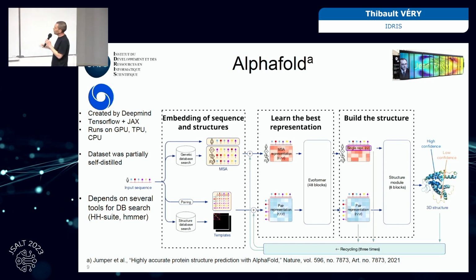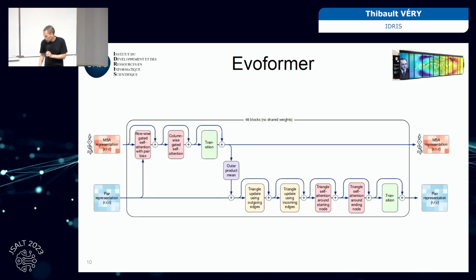And now the main contribution of AlphaFold, I would say, is the Evoformer block. I think that the ending 'former' tells you something about what is under the hood. The Evoformer block is a sequence of attention with some gated self-attention for the rows and the columns in the MSA representation.